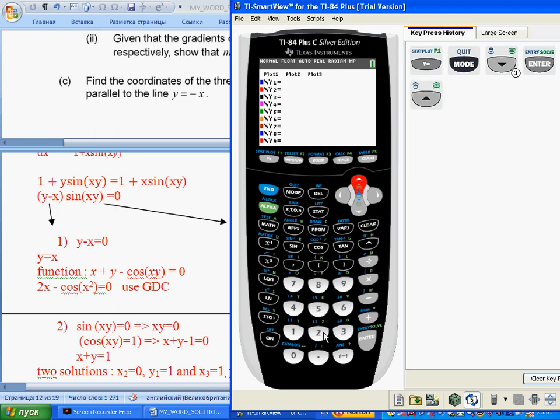So the function is 2x minus cosine x squared, bracket closed. Let's graph it.